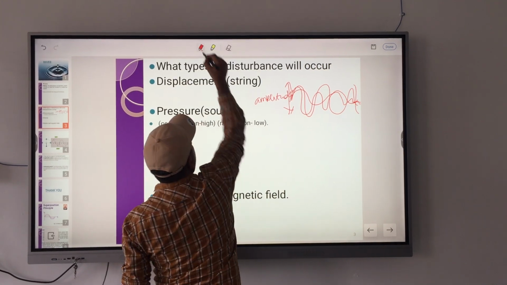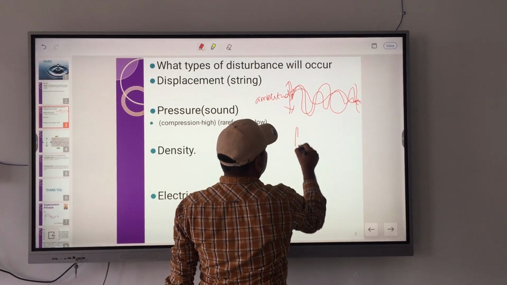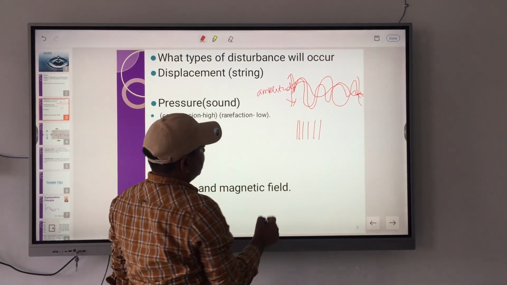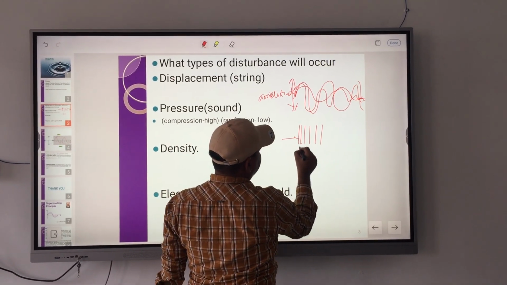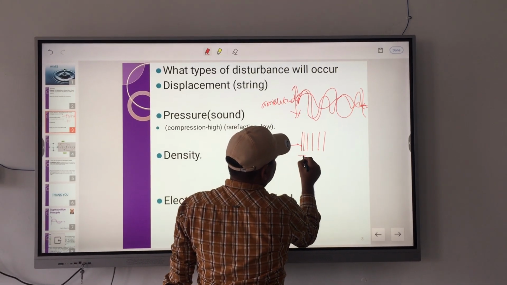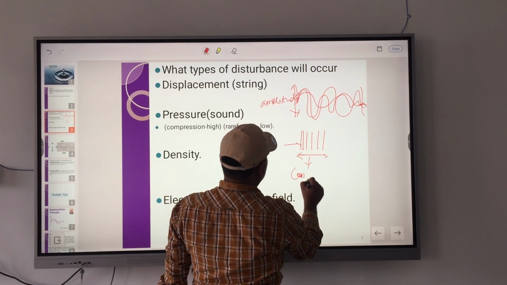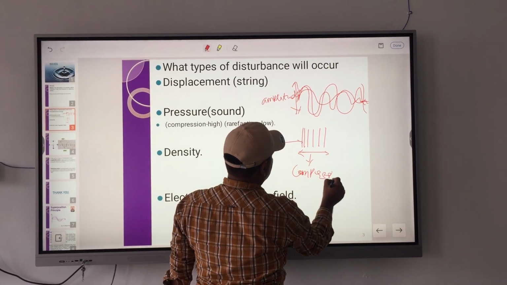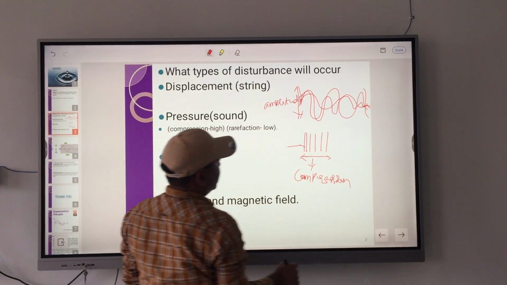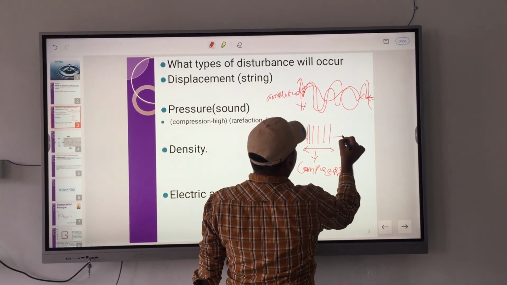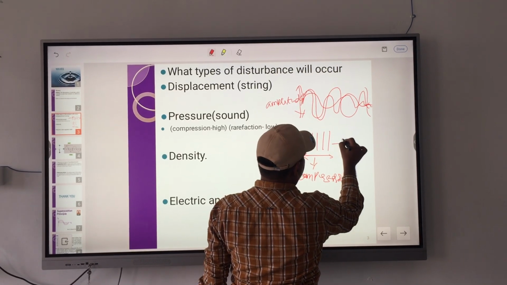It means that here compression is created. So compression will be created, and after some time the rarefaction will be created.